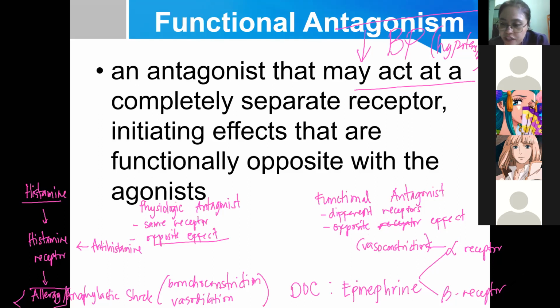And si epinephrine, pag mo bind kay beta receptor, it will cause bronchodilation. Okay? So, kato, na-counteract pod ang effect or ang symptom ni anaphylactic shock. So, again, it's called functional antagonist because different iyahang receptor and then opposite iyahang effect.